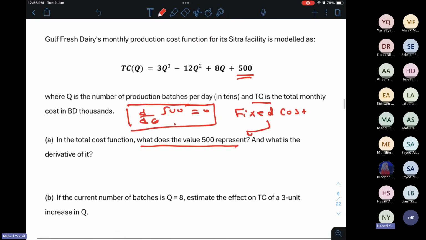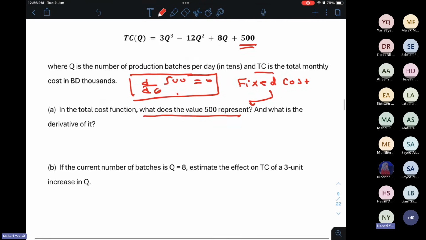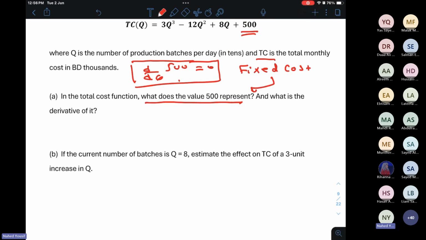When we go for the second part, the current number of batches is Q equal to 8. Estimate the effect on total cost of a 3-unit increase in Q. How to deal with this part?